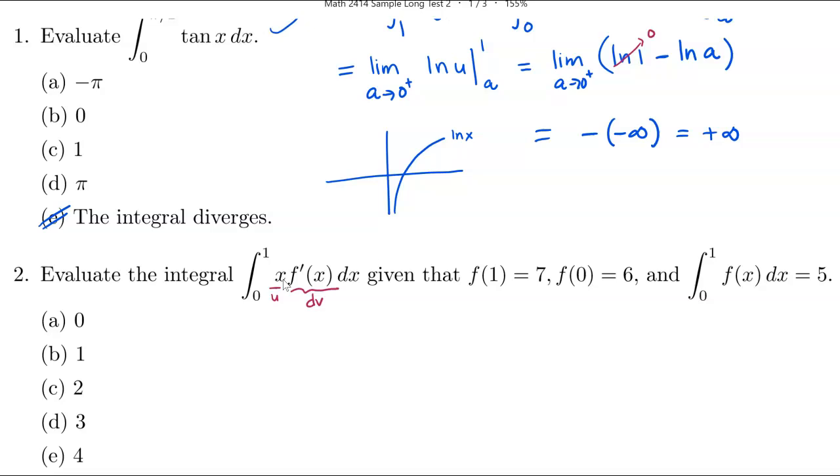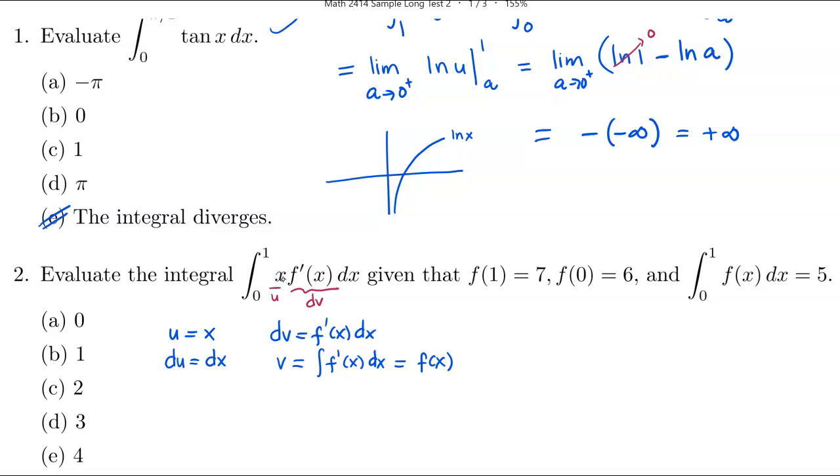So that kind of works. So let's see. If I let u be equal to x and my dv is equal to f prime of x dx, then the du is just equal to dx. And the v is just the integral of f prime of x dx, and the integral of that is just equal to f of x.